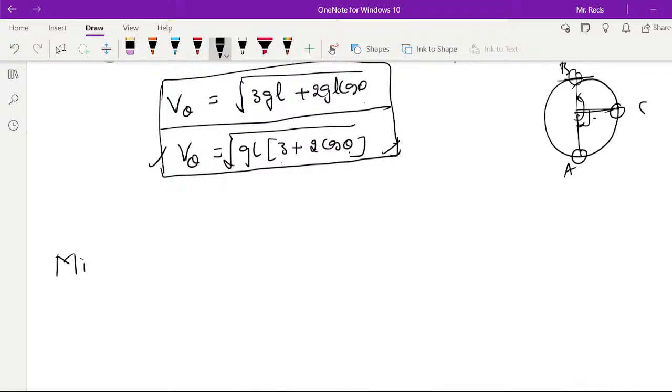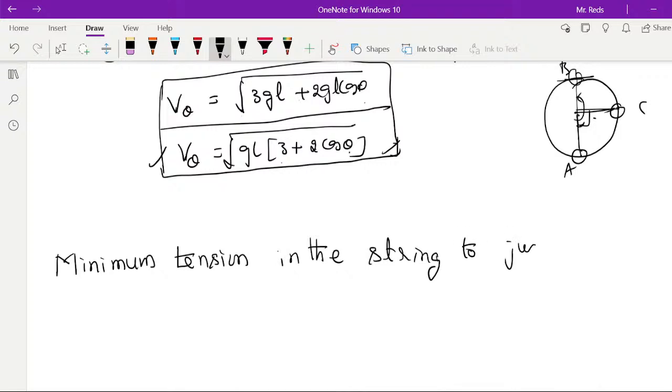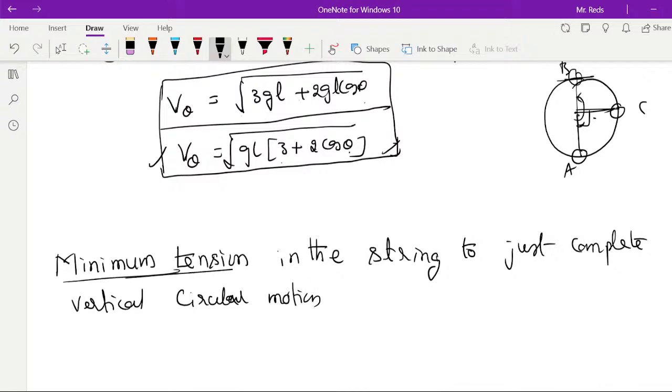Next point: minimum tension in the string to just complete vertical circular motion. What should be the minimum tension?